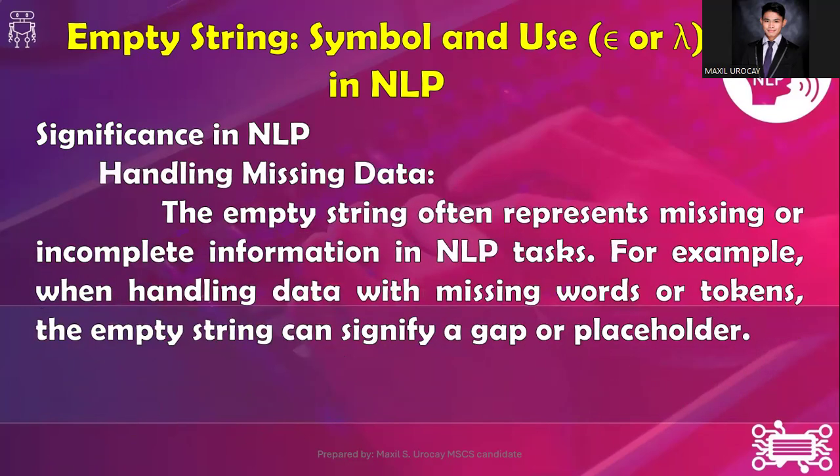Now, in terms of handling missing data, the empty string often represents missing or incomplete information in an NLP task. For example, when handling data with missing words or tokens, the empty string can signify a gap or a placeholder. Since there will be problems in NLP with missing data, the empty string is often used to represent that incomplete information.